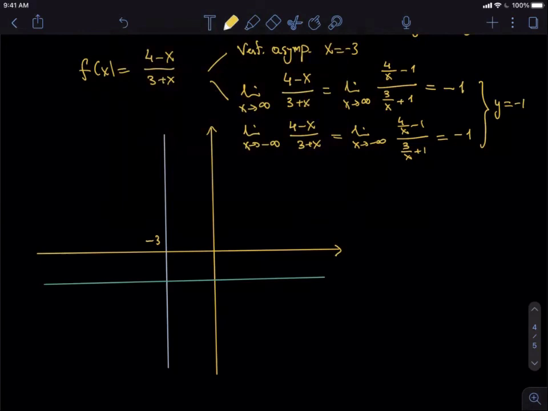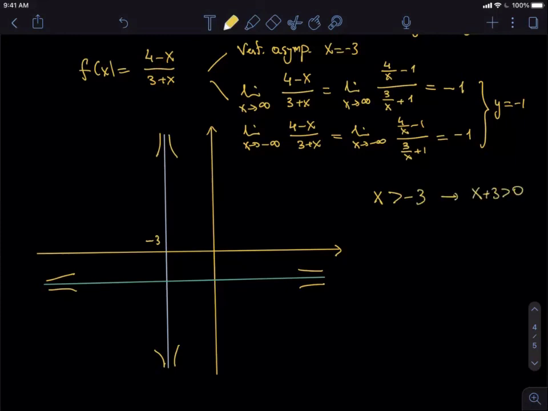So the function is going to approach the asymptotes from one of the two sides. We need to figure out which side. When I look at the function (4 minus x) divided by (3 plus x), if x is bigger than -3, then x plus 3 is positive.